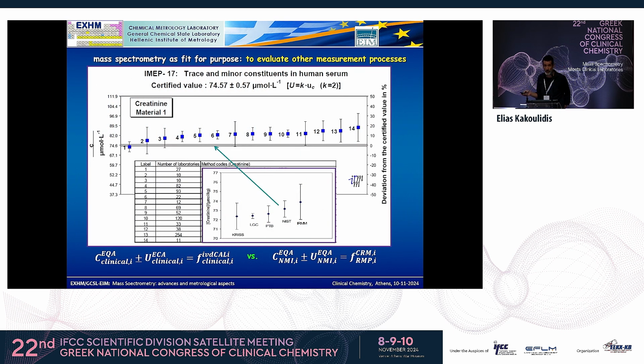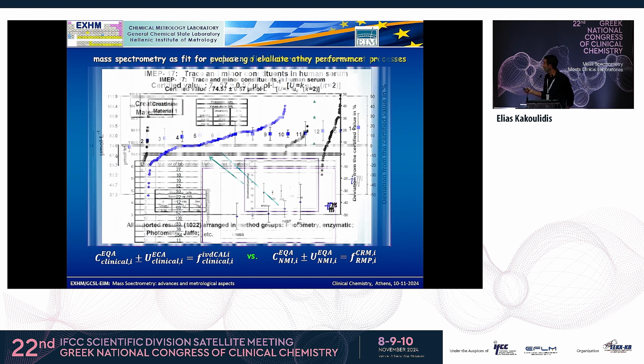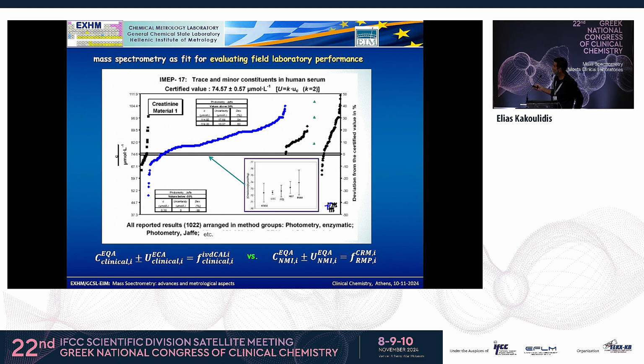What else can we do? We can use mass spectrometry and reference values to evaluate other measurement processes. Here is an example for creatinine. This line is the reference line provided by the metrology institutes, and this is how other reference laboratories have measured. This is a study from 20 years ago by the IRMM, now the JRC, and you see for creatinine the reference value here from the metrology institutes, and how hospitals measured.